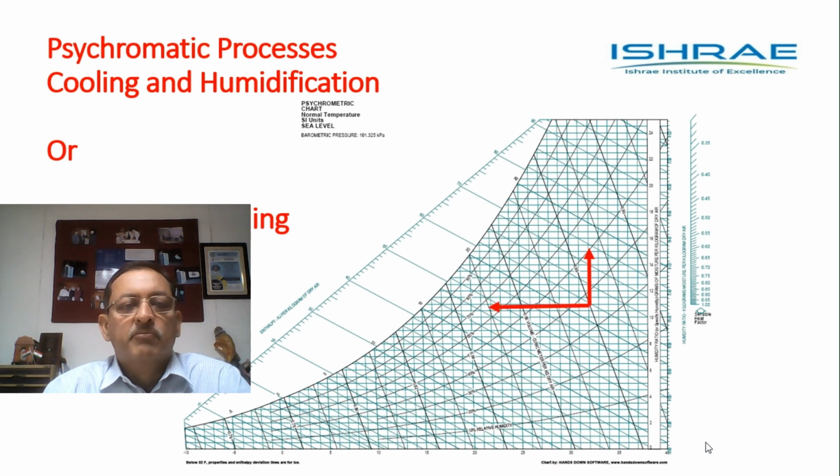In evaporative cooling, the temperature decreases. Along with the temperature decrease, we are also causing evaporation. So the moisture content of the air increases, and the resultant is like this third line, which is inclined, and this is the process line. The third line is the process line, and this line reflects the process.